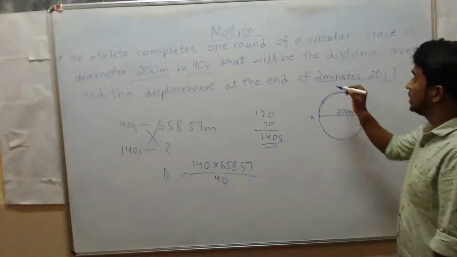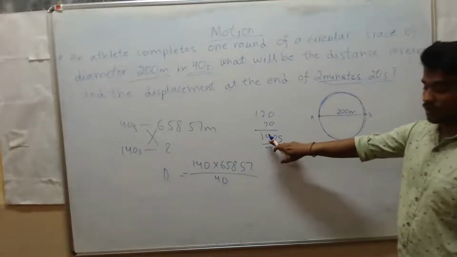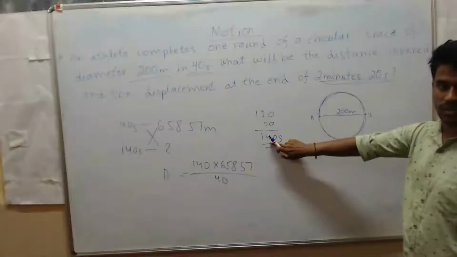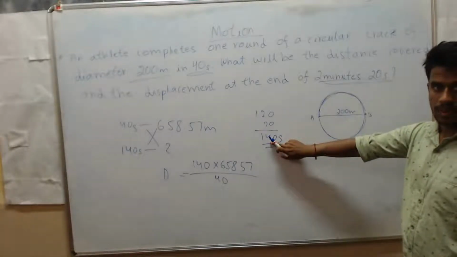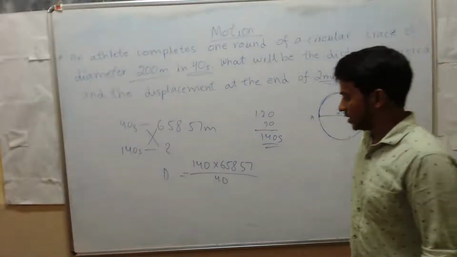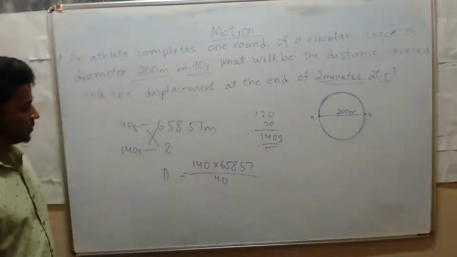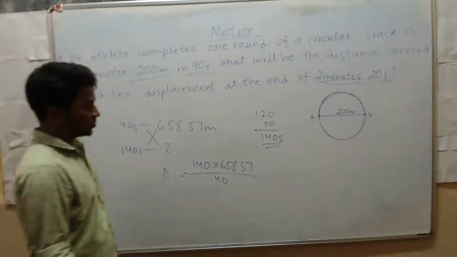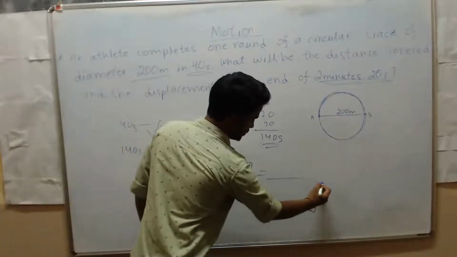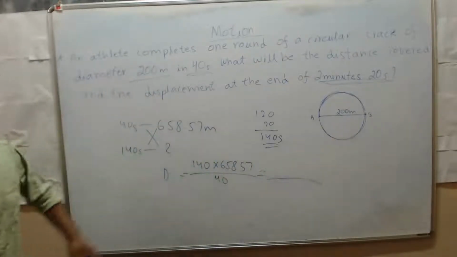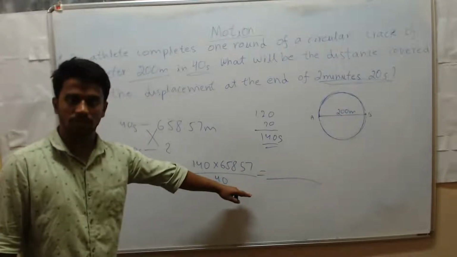We have converted 2 minutes 20 seconds into 140 seconds. Clear? So now this distance is equal to 140 into 658.57 divided by 40. This answer I will give you as homework. Message me what the answer for this question is.